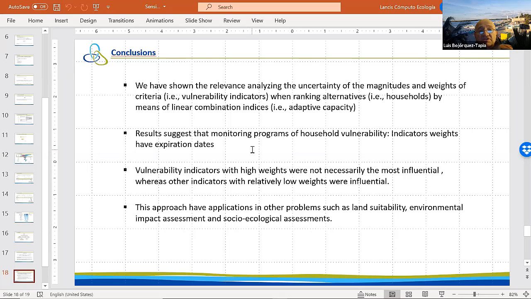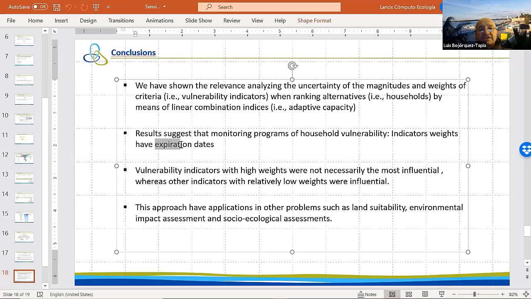These other results suggest that monitoring programs of how households have improved or not through government interventions have expiration dates. I mean, the results from AHP have an expiration date.